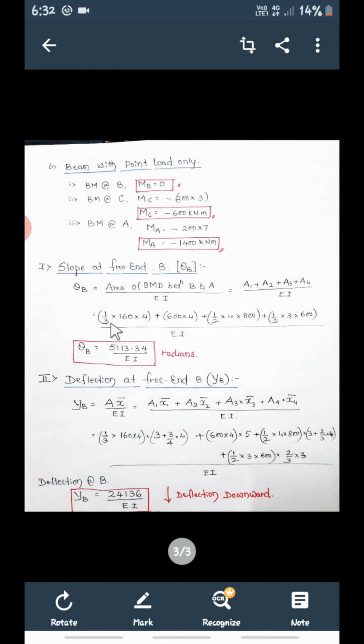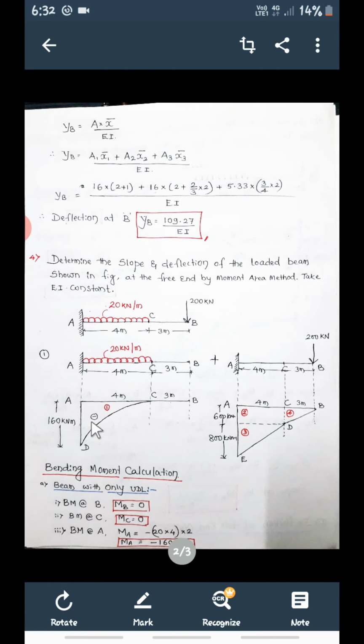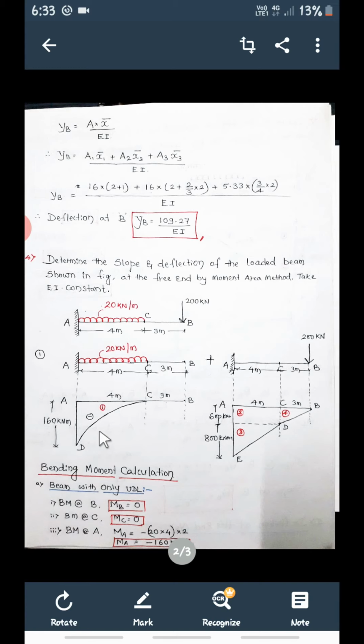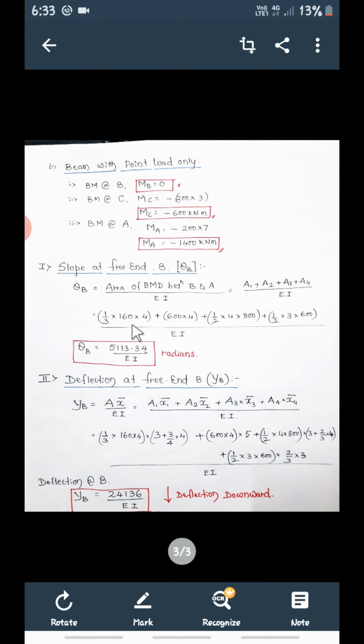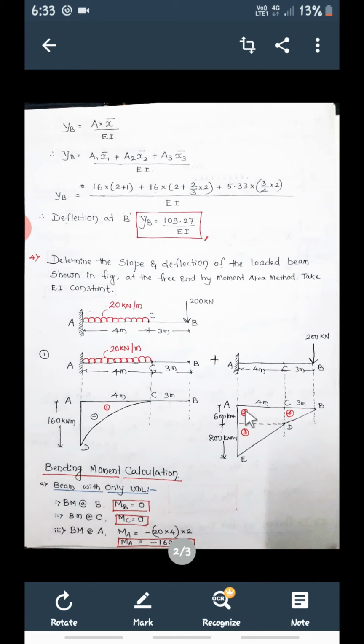Now A1, what is the area of 1? This is a parabolic spandrel, 1/3 of base into height. Base is 4 meter and height is 160. So 1/3 of 160 into 4, plus second area A2, a rectangle, 600 into 4 meter.